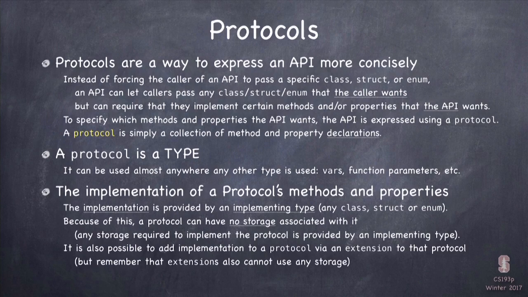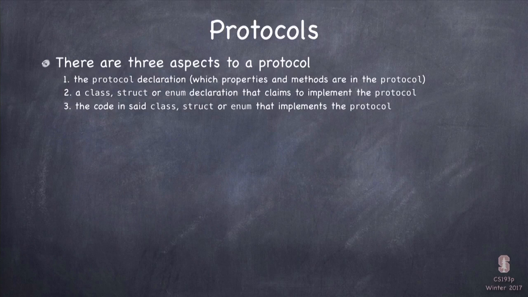Because protocol X is just a declaration of them, it's not an implementation. Now, you can also do implementation of a protocol in an extension, but I'm going to put that on the shelf for a second and talk about that in a few more slides. Okay? But primarily, a protocol's implementation happens in conforming or implementing classes, structs, and enums.